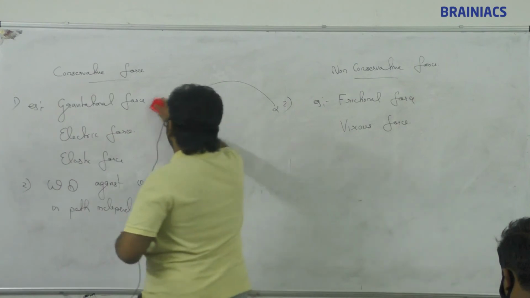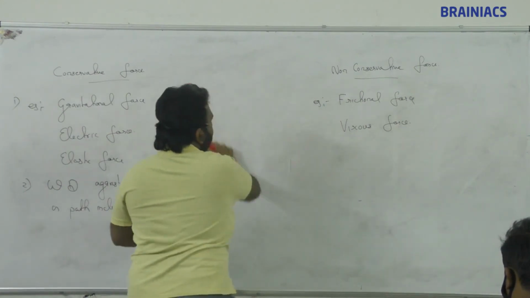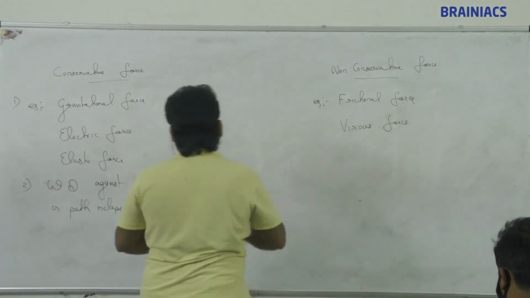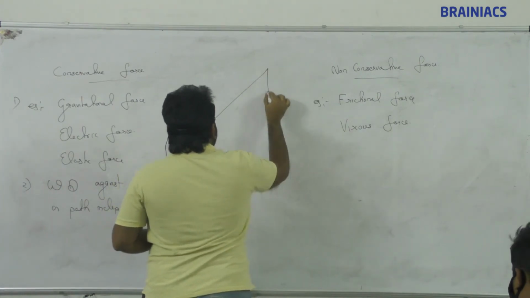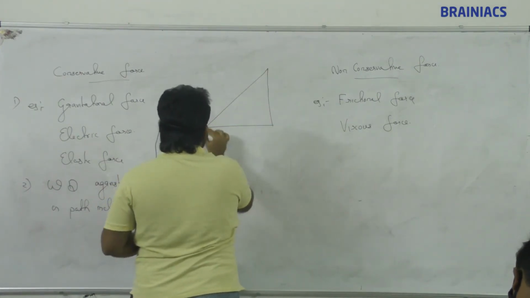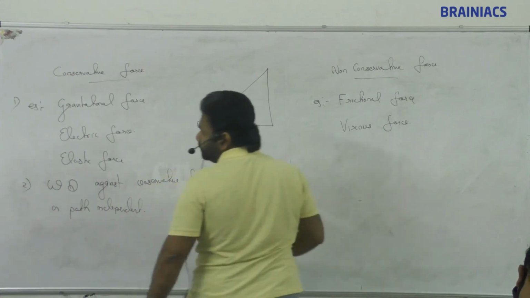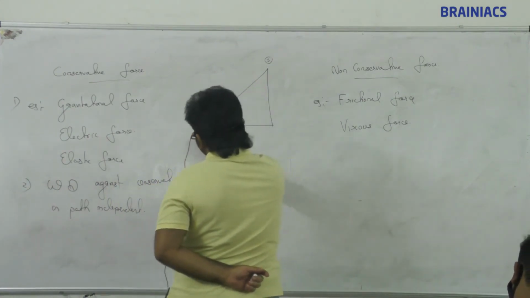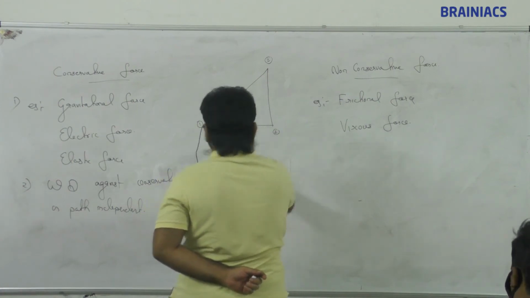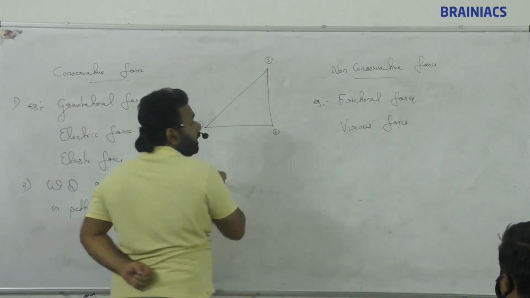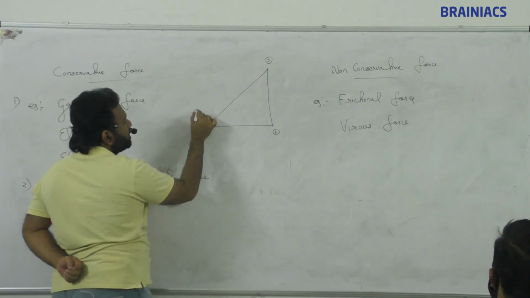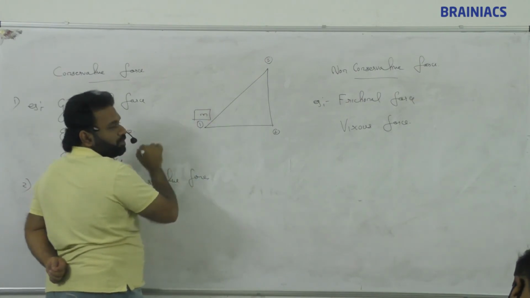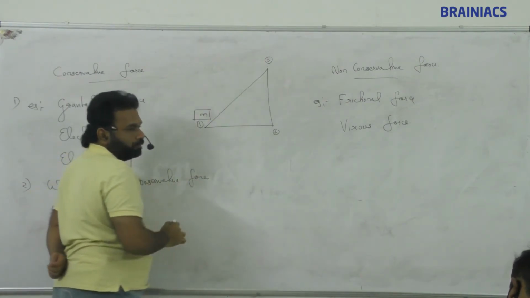Now I shall prove it. Say for example, this is one position and this is another position, 1, 2, 3. I need to take a mass from position 1 to position 2.